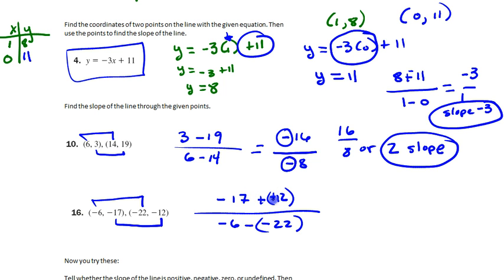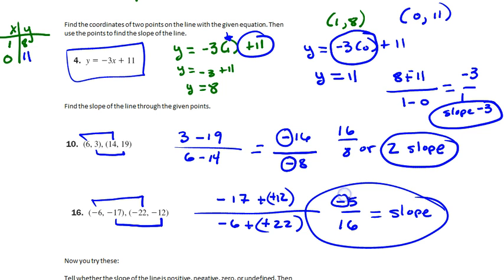Alright, let's DPS these. Okay, if I subtract this out, I get a negative 5 over 16, and that would be my slope. It's not simplifiable, and I've got, for this one, a negative slope.